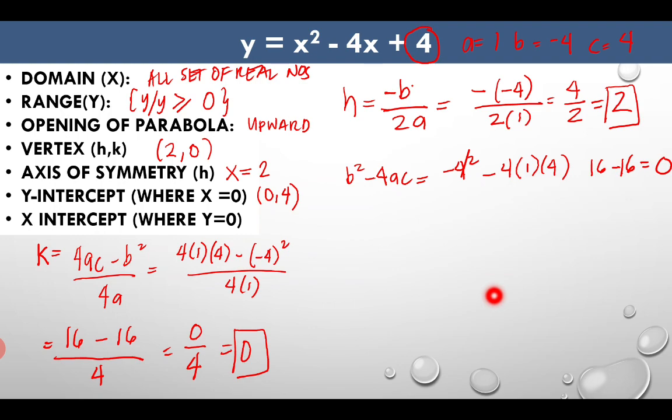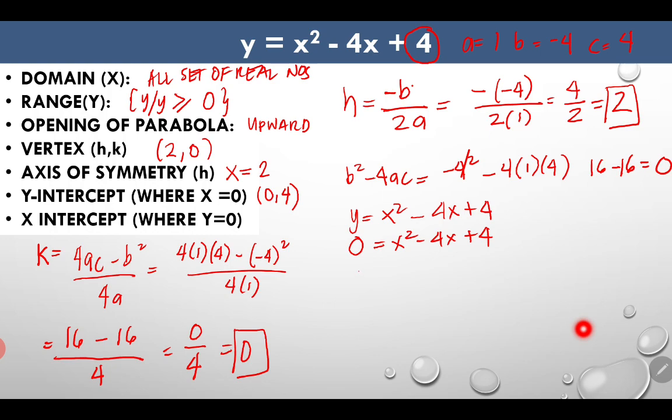So, we can solve this by any forms. Kung gusto nyo quadratic formula or factoring. But let us factor. So, let us make y is equals to x squared minus 4x plus 4. So, gawin natin 0 si y, kasi nga x-intercept. X squared minus 4x plus 4.